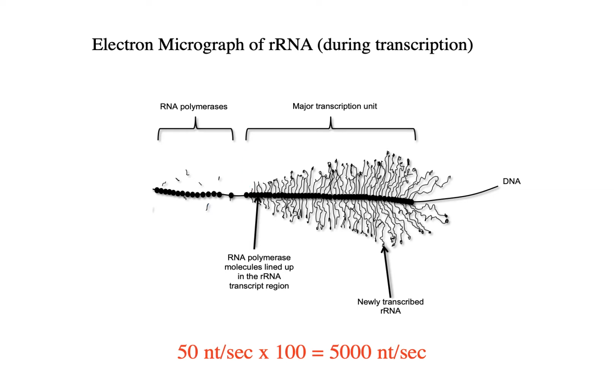Because of the packing of the RNA polymerases on the gene, this molecule can polymerize 50 nucleotides per second, but if you have 100 polymerase molecules on this gene at a time, then it's polymerizing 5,000 nucleotides per second, so at a much higher rate when it packs the polymerase molecules on that gene.